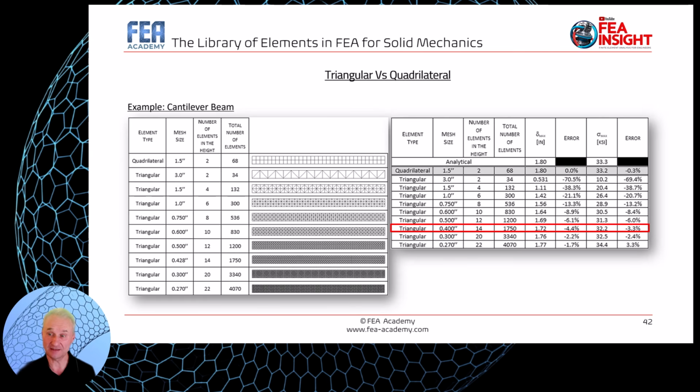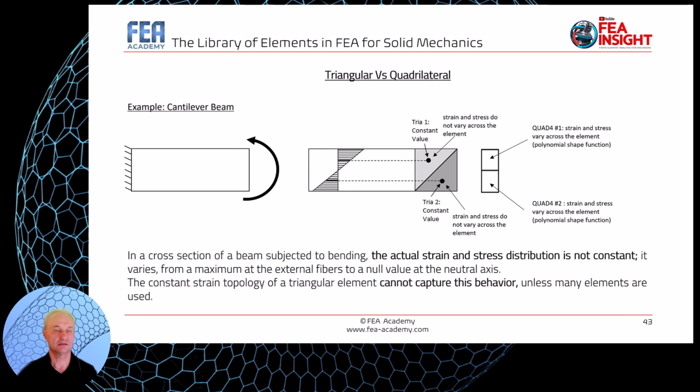In fact, you can see that the 2D quad mesh structure gives an error of 0% for the displacement and 0.3% for the stress, so it's negligible compared to the analytical result, with only 2 elements through the thickness. On the other hand, when the constant strain triangular element is used, 14 elements across the thickness are needed to produce less than 5% error compared to the analytical solution. So this effect here is illustrated.